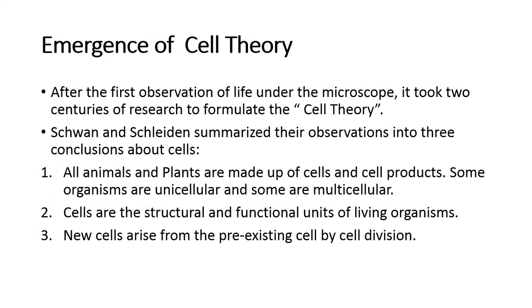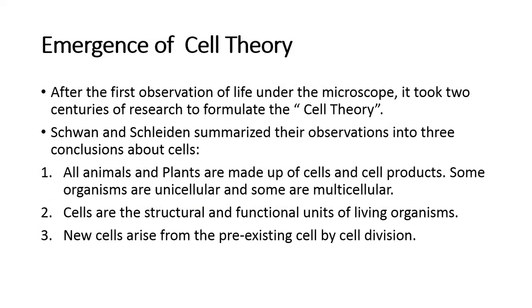Schleiden and Schwann summarized their observations into 3 conclusions about cells. So after Anton Leeuwenhoek and Robert Hooke saw the first sign of life, it was 2 centuries later that the cell theory was formulated, because the microscope in the 16th century was not that much developed. It was in the 18th century that microscopes were improved, and then after 2 centuries they formulated the cell theory.